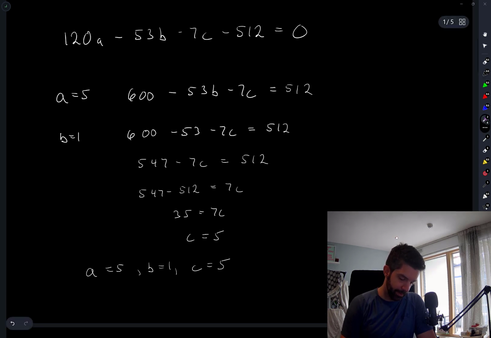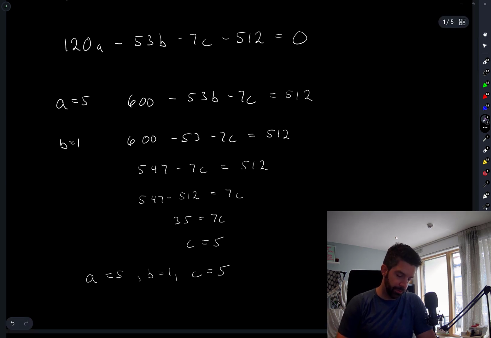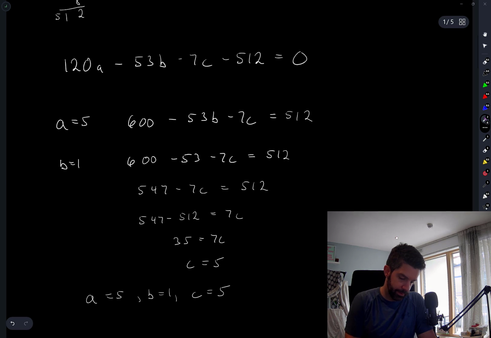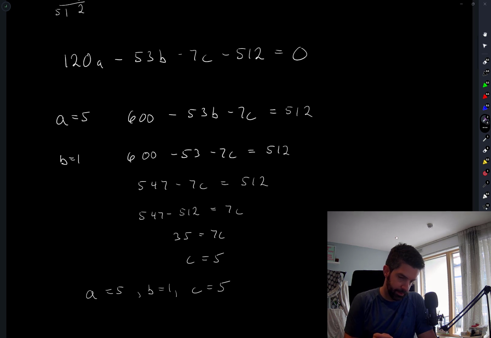And I think this is going to be the smallest possible number, because if I make A any smaller, 4 times 120 is 480, which is less than 512. So we won't be able to, the right-hand side of this would already be negative.